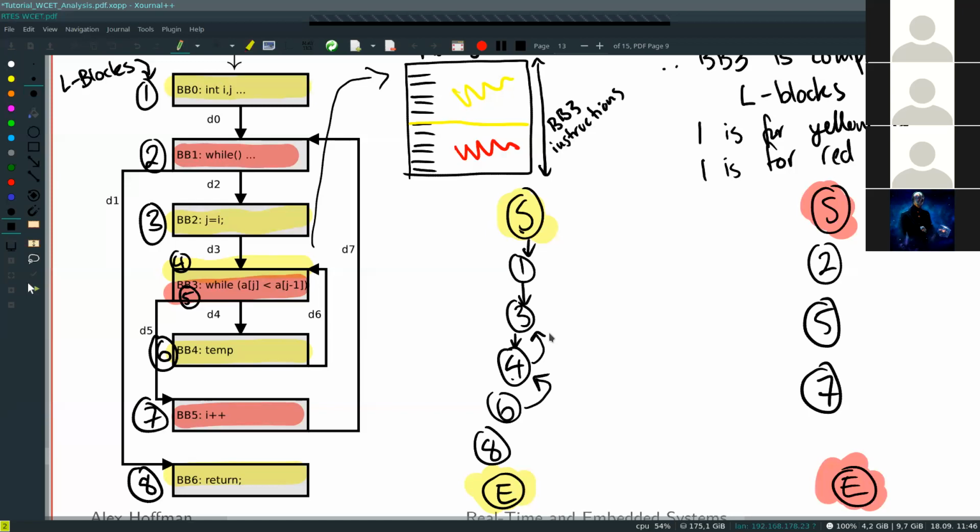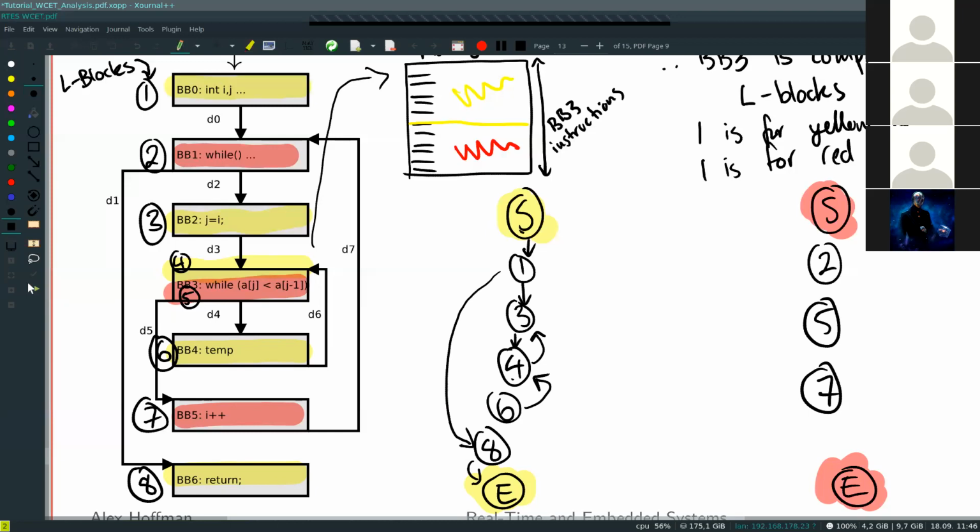So we're missing pretty much just this one up to 8, sorry. 1 to 8 and 8 to exit. Yep. I think that's all of them.